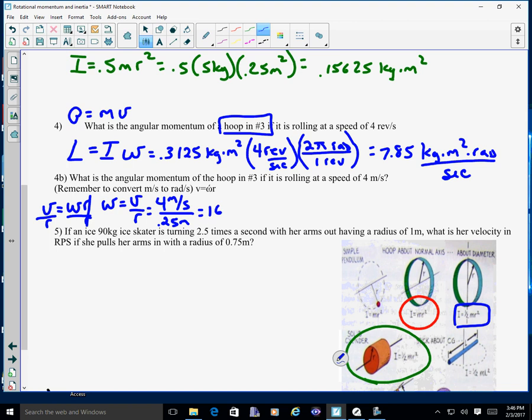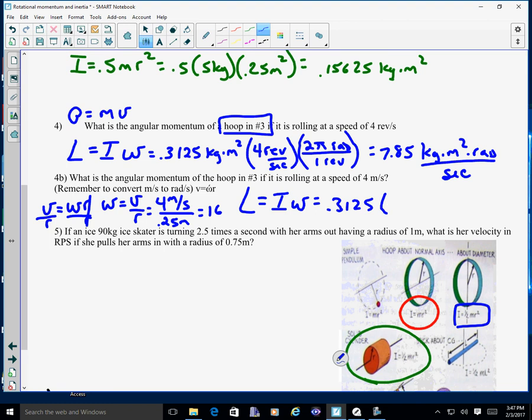So I'm going to take my I, which was 0.3125, and this was the moment of inertia of the hoop again. And I'm going to multiply that now by the 16. And you end up getting 5 kilogram meters squared radians over seconds.